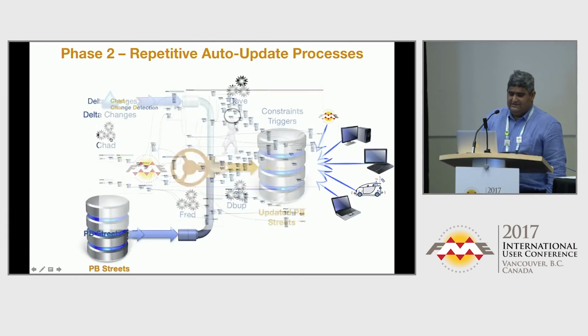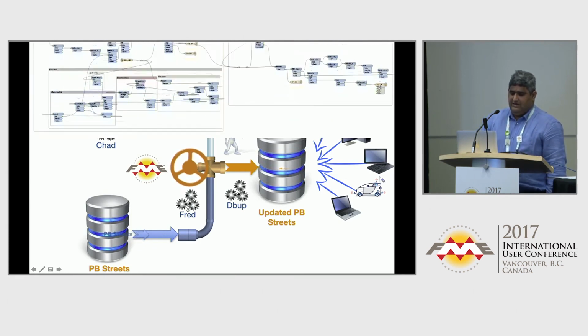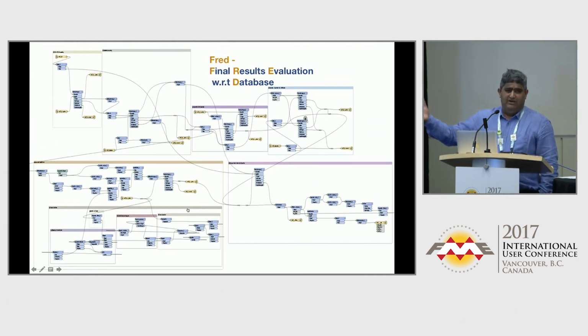And later on, we pass that information to our next process called FRED. So FRED is our final result evaluation against the database streets. So these database streets are the baseline streets that we created at the end of phase 1. So in this process, we have business rules, and we have built test cases so that process itself can take decision.